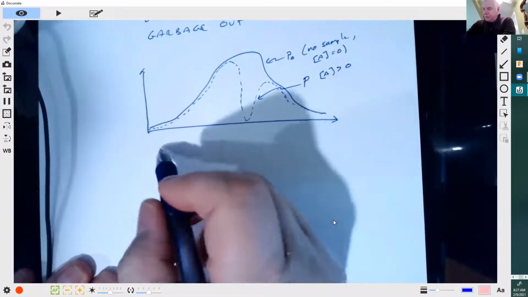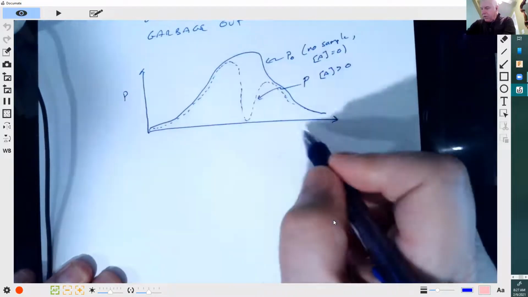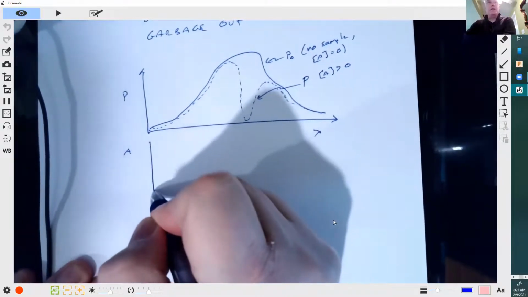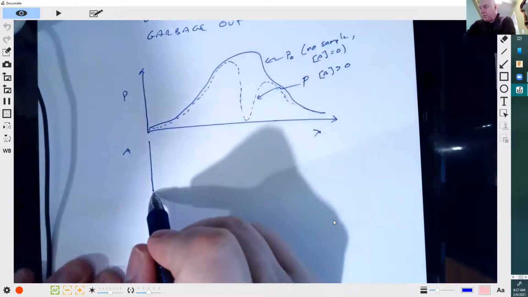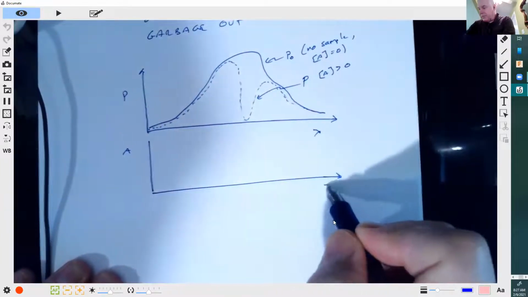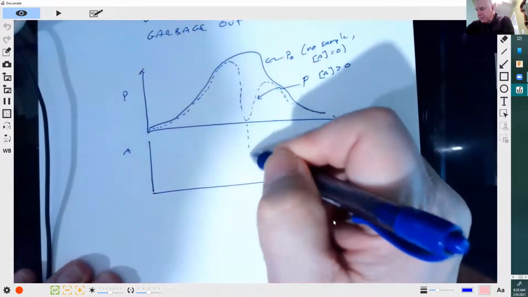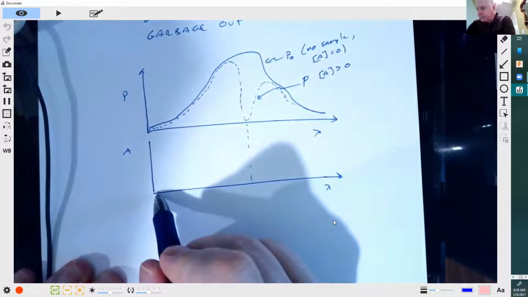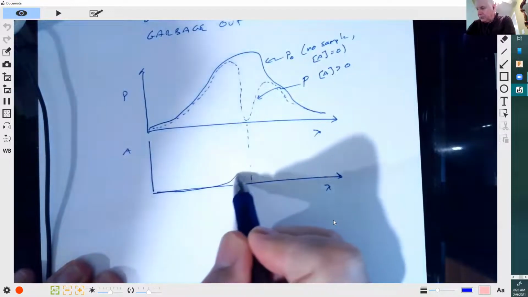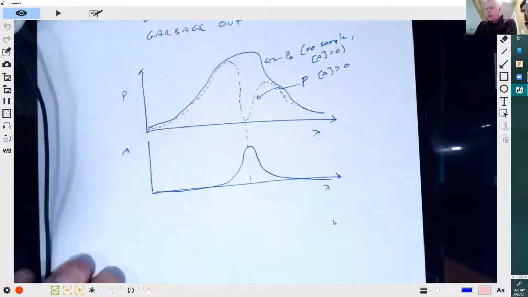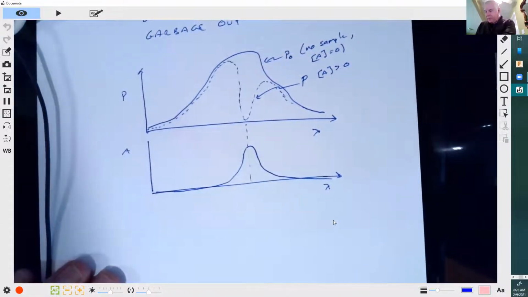This is power versus wavelength. Then we can transfer that into absorbance versus wavelength, and what this will look like is something like that, right?